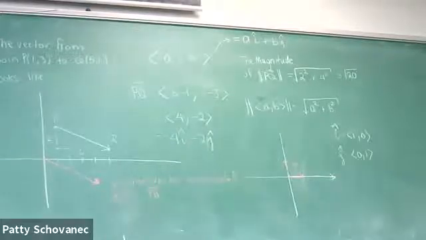Scalar is just a regular old number. So if I take the vector AB and multiply it by the number K, that means each component is multiplied by the number K. If K is a positive number, it makes the vector longer by that scaling factor. If K is a negative number, it'll turn the vector around.